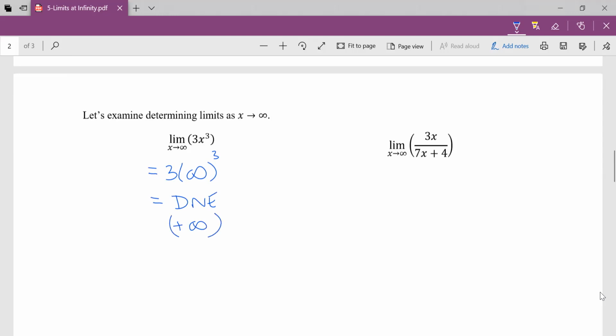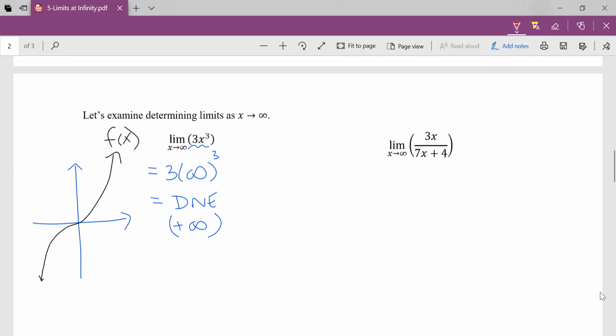But again, I want you to write positive infinity for a sense of direction as to what this is doing. Because if we're thinking about what this function looks like, it actually looks a lot like the one that I just drew a second ago. There's the function 3x cubed. As x gets really large, what are the y values doing?